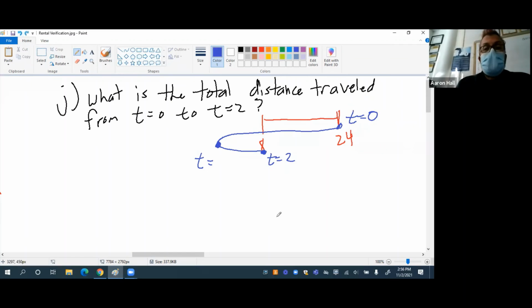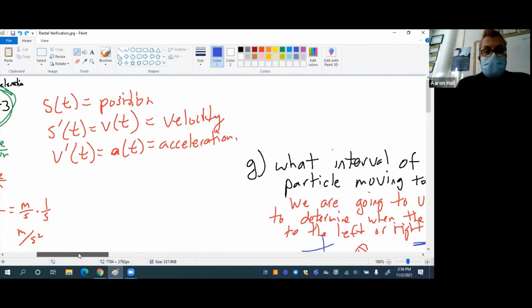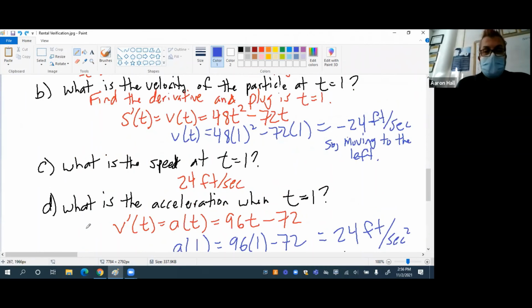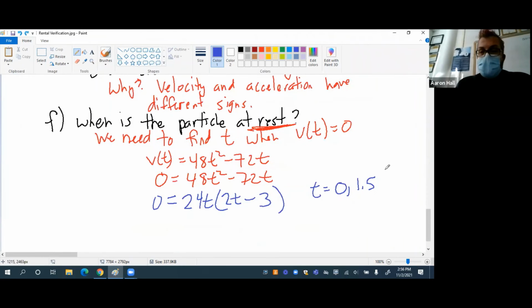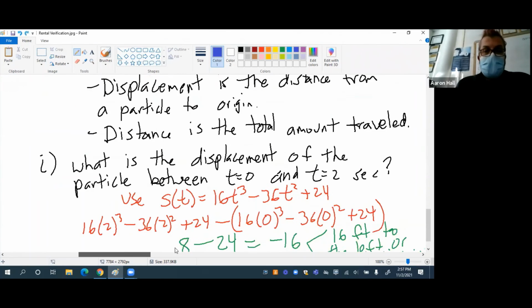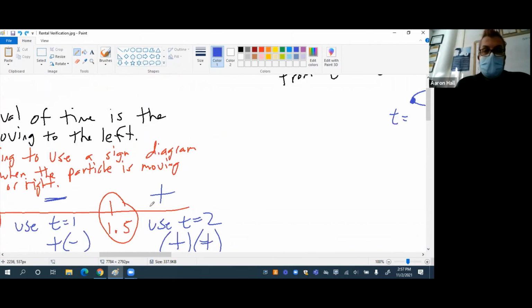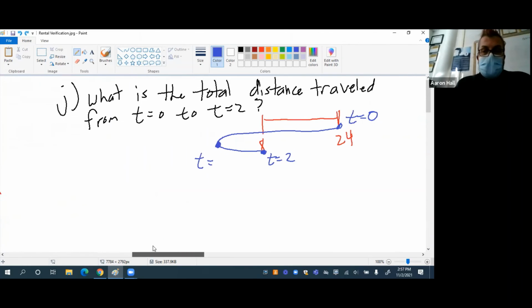Yeah, didn't we already figure out where we stopped? Where did we stop? Yeah, we stopped here at 0 and 1.5. So we already have that information. We can plug that in. So we know that the particle stopped at 1.5.